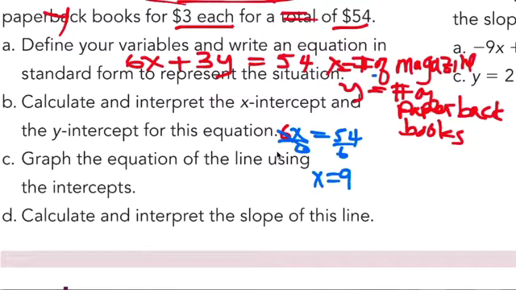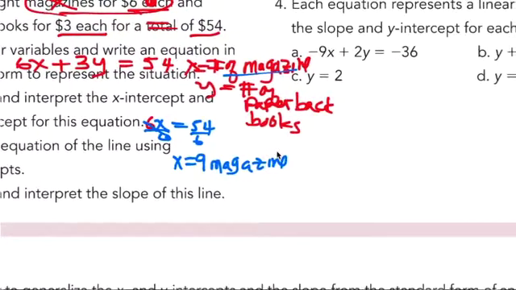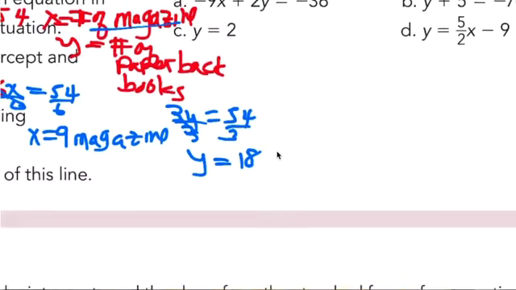So 9 magazines. And to find paperback books, 3y equals 54. Paperback books.